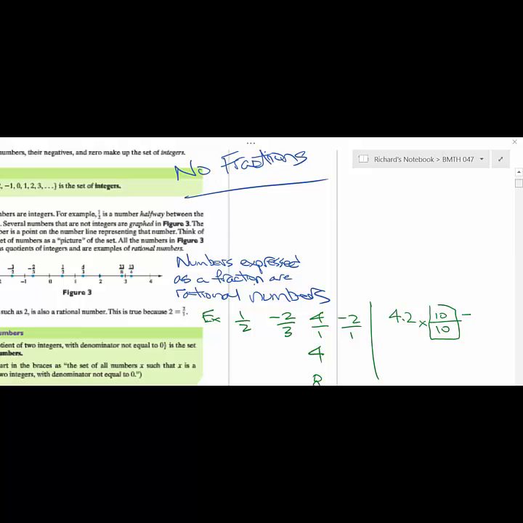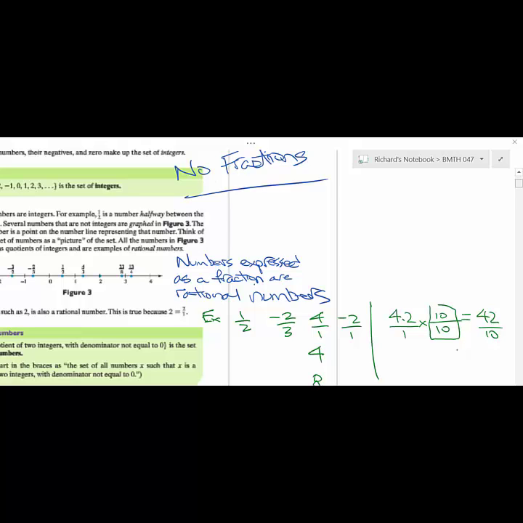Let's see what happens here. 4.2 times 10 is 42. Remember I said any number can be written as itself divided by 1, so 1 times 10 is 10.